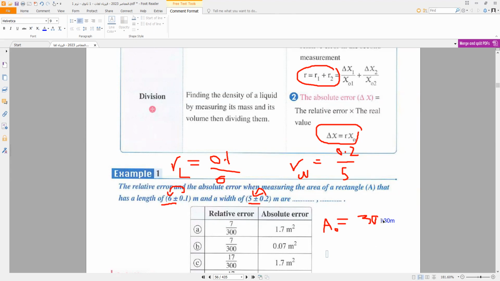To get the absolute error of area, it equals the relative error times the value of A naught, our real area.